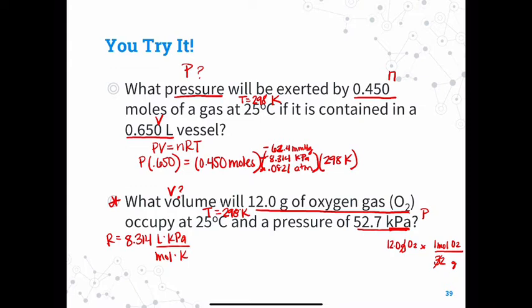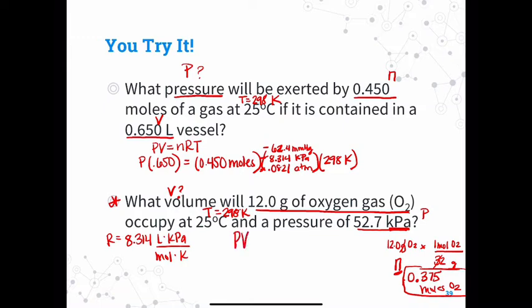And so 12 grams of oxygen is 0.375 moles of oxygen, okay? So while that's not the answer to the problem, we need that to be our n, okay? So this problem kind of had an extra step. We had to find n before we can solve it.